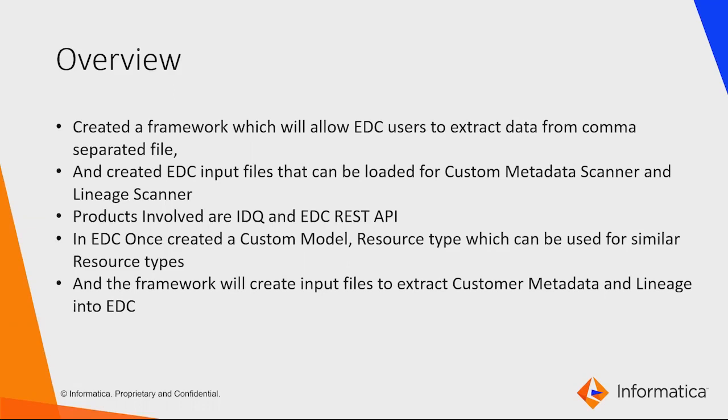So the first and foremost step is a one-time manual task, which is the creation of a custom model. Whenever you are creating a custom resource, you need to create a custom model, and based on the custom model, you create a custom resource type. You can use a resource type to create multiple custom metadata resources if the model is the same.